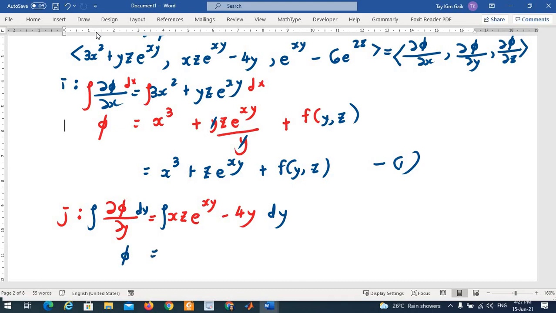When you integrate with respect to y, x and z are constant.